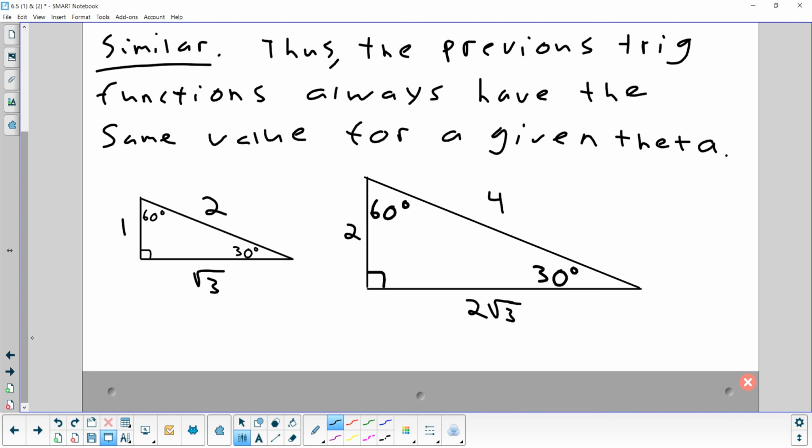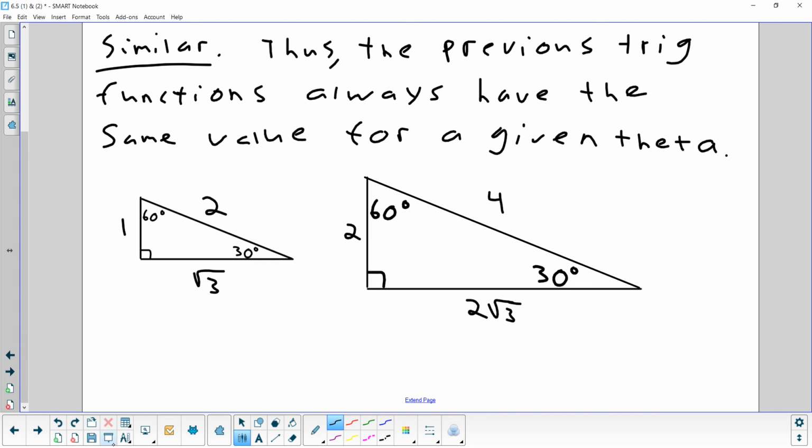Well, let's find the sine of 30, and let's do it in the triangle on the left. Sophie, what was the formula for sine again? Opposite over hypotenuse. And what side is opposite the 30 in this case? 1. And what's the hypotenuse? 2. So in the smaller triangle, the sine of 30 is 1/2.